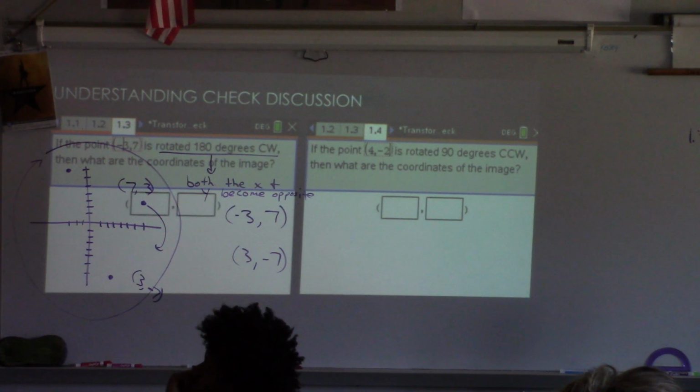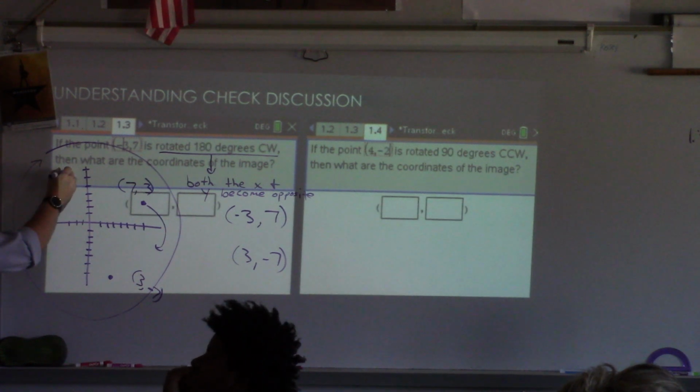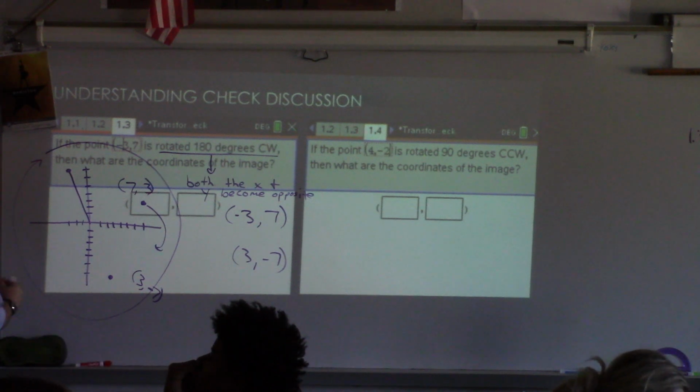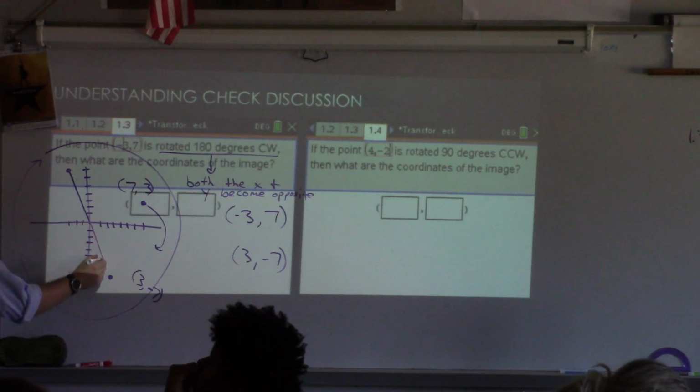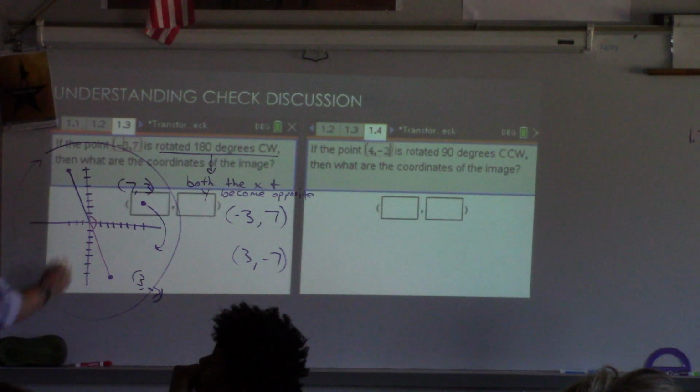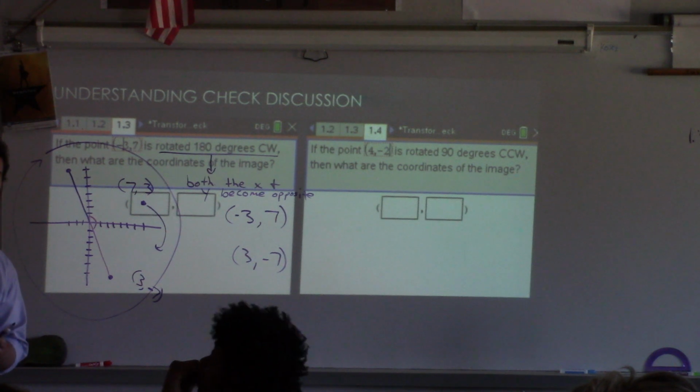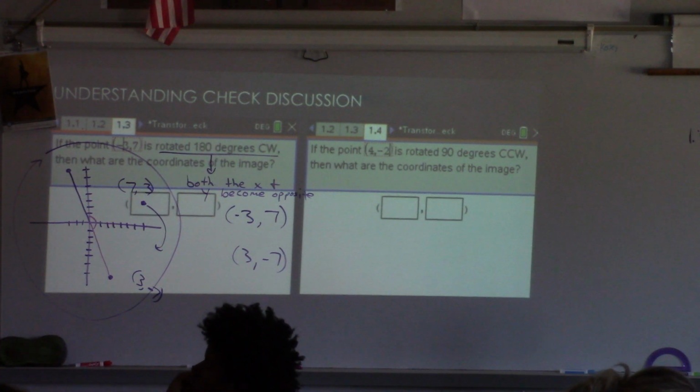And so that is a lot less work, and I want you to notice, if I draw a line from here to here, and then I continue that line to 3, negative 7, what kind of angle does that create? It creates a straight angle, or what measure? 180 degrees, right?